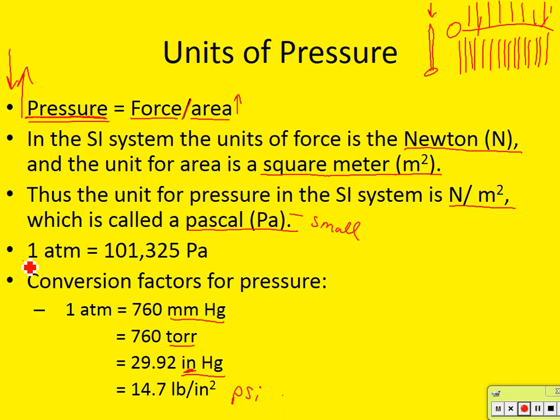When you fill up your basketball or your car tire, what are they measuring it in? PSI. So we see that a lot in the United States. Would you see that in other countries? No, because they don't use pounds or inches. What would they use?